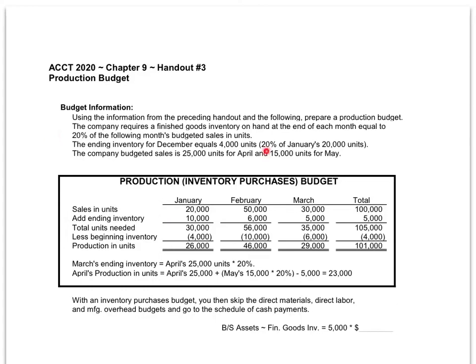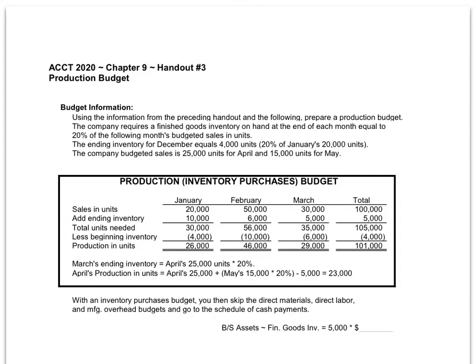So 20% of January's 20,000 units is 4,000. So that's how I know that my beginning inventory was 4,000, because that was my ending inventory for December. And I'm going to subtract the beginning inventory because the total units I need for the month are 30,000, but I'm starting with 4,000. So all I need to make this month is 26,000.